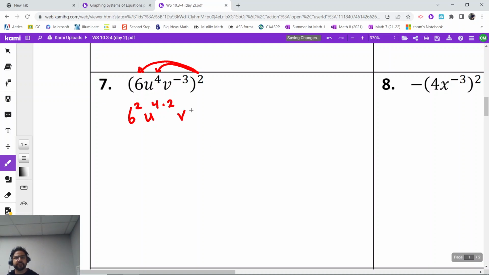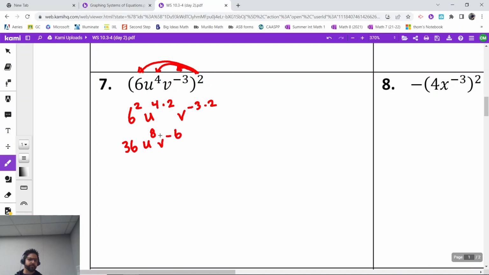And then for the v, same strategy, but this time it says negative 3 times 2. And I want to remind you, when you're in your final answer form, we do not want a negative exponent answer. Gives me 36 u to the 8th power, v to the negative 6th power.